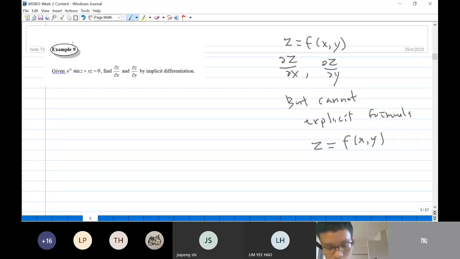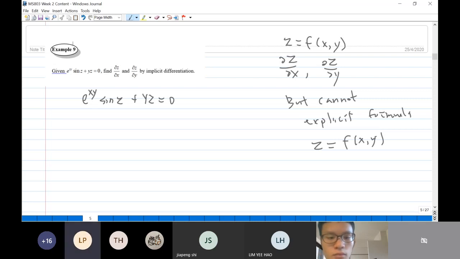Why is it so? Because you look at this equation, I have e to the xy sin z, so there's a z there, plus yz equal 0. How do you arrange it so that you make z the subject? This is impossible, right?